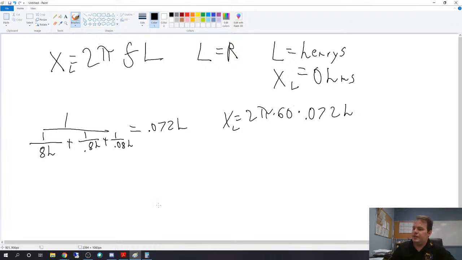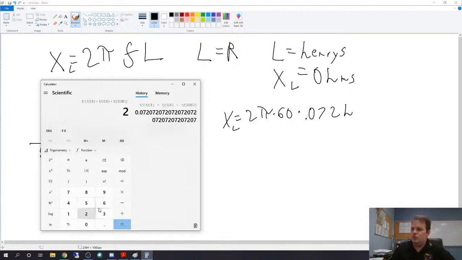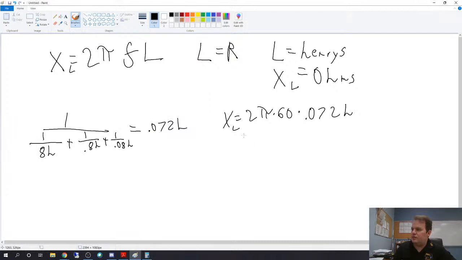So let's plug all that in. Move it over here. 2 times pi times 60 times 0.072. 27.14 ohms.